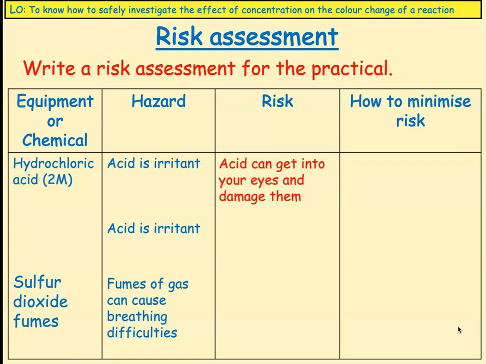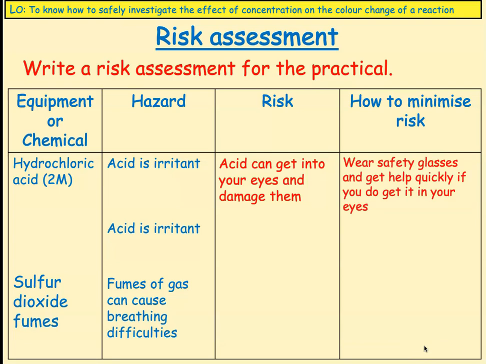So this is a bigger risk, really, and it can damage them. It can really hurt them. So how would you minimize that risk? You would wear safety glasses. However, if you did get it into your eyes, you would seek medical help very quickly, like your technician or teacher, and they would wash it out of your eyes.